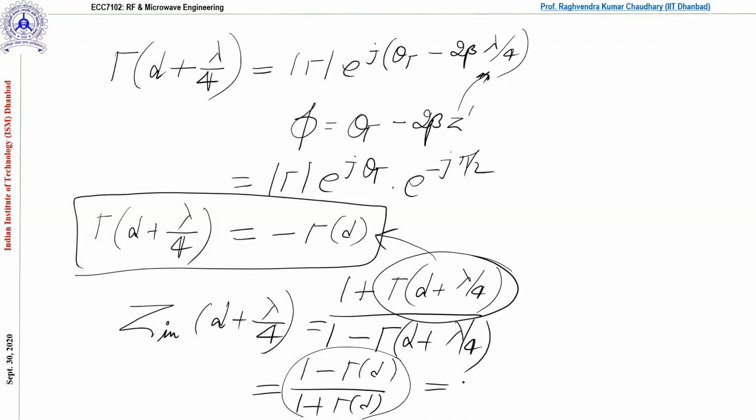So we can finally write y in as a function of d, normalized. It means that if we walk over the Smith chart by lambda by 4, the point where we reach will be called y in, the admittance. So it is so simple now. If you have a point on the Smith chart, that point tells you the normalized impedance.